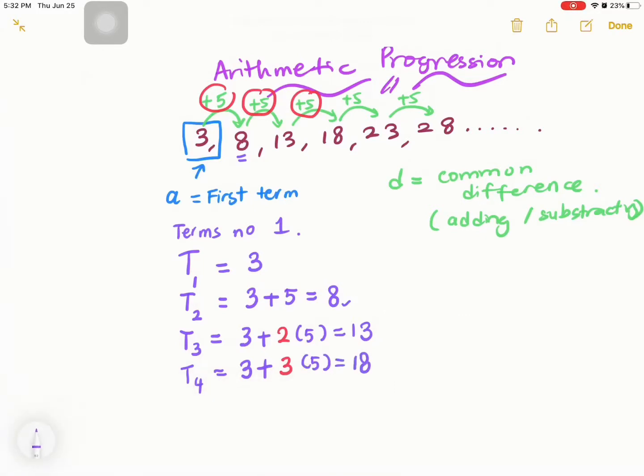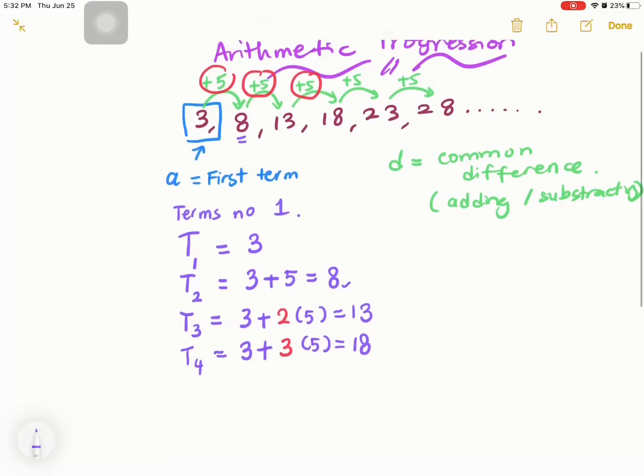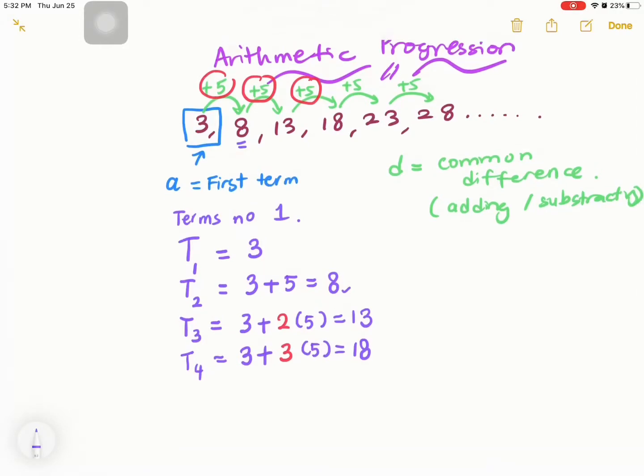If you see here, there is a sequence. It shows a relation between T1, T2, T3 and T4. If we want to find Tn, we say that the first must be the first term, added with, if you see here, 2 for the third term, and 3 for the fourth term.